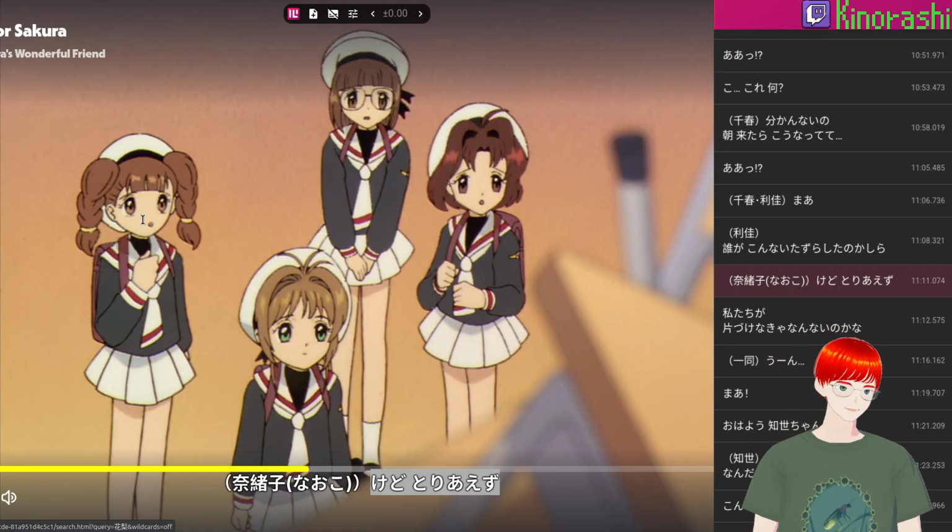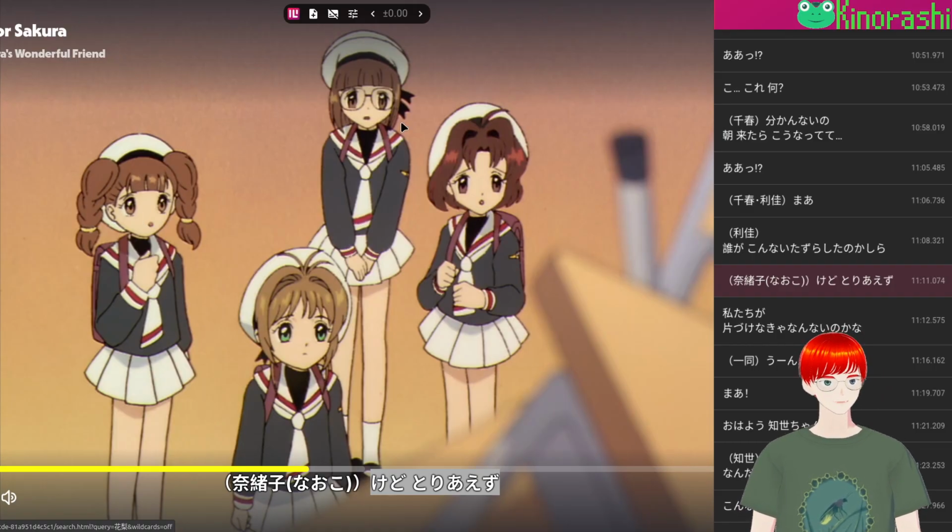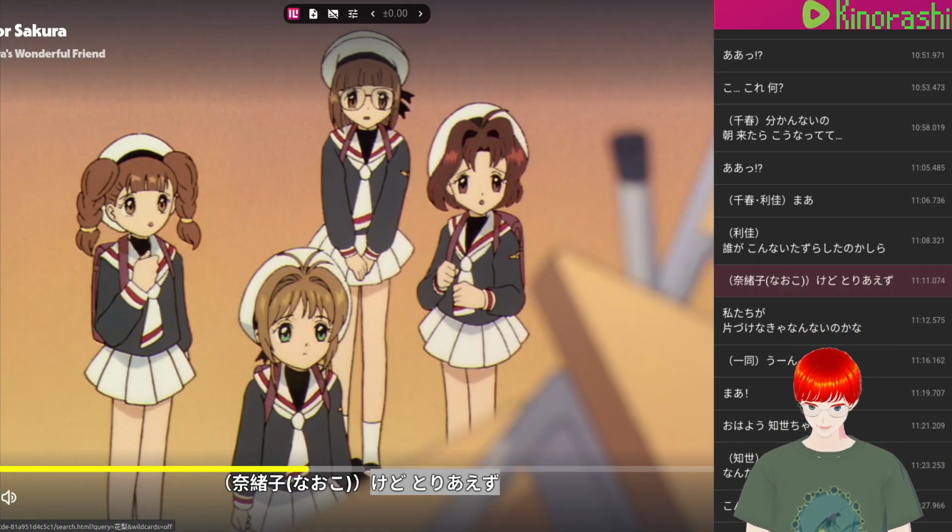I know toriaezu is generally used like an adverb. First of all, at once, right away, for now. Let's see, this comes from aeru, maybe aeru.